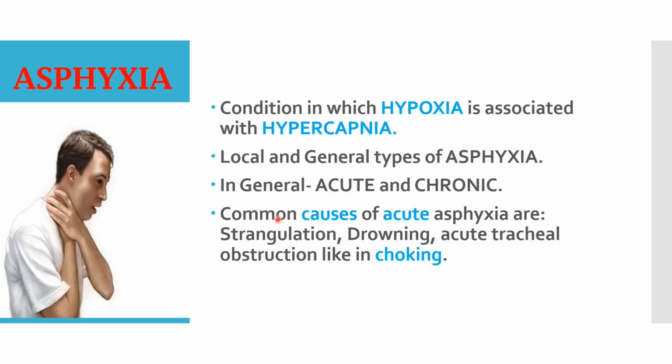The common causes of acute asphyxia are strangulation, drowning, and acute tracheal obstruction, like in choking. This is the most common picture of choking. If you see the person holding his throat, this is definitely a sign of choking.